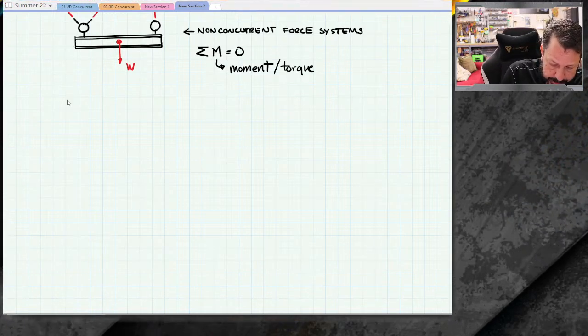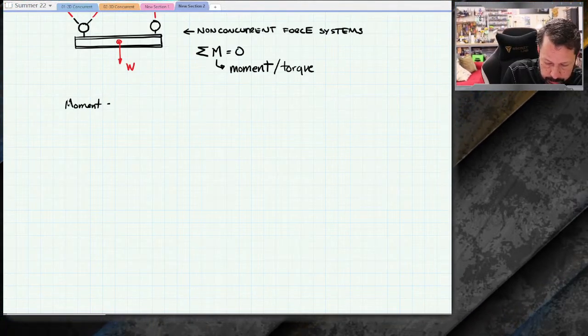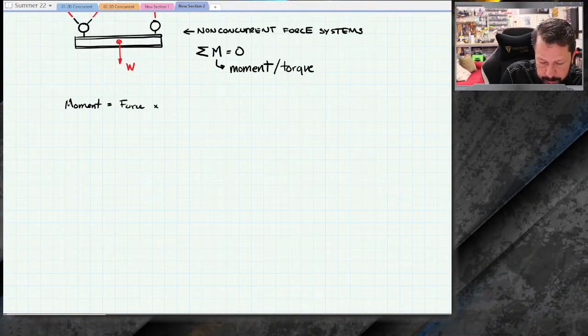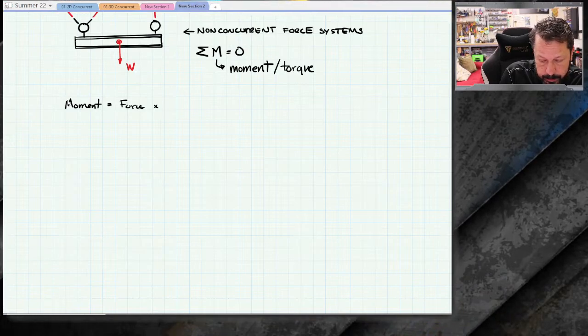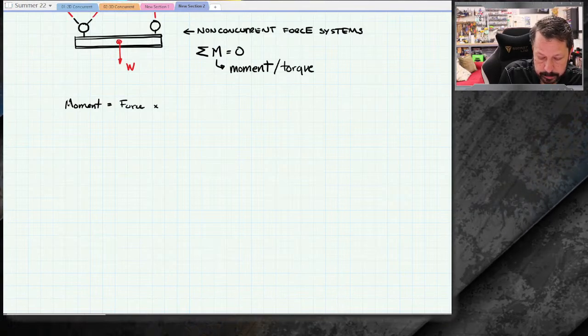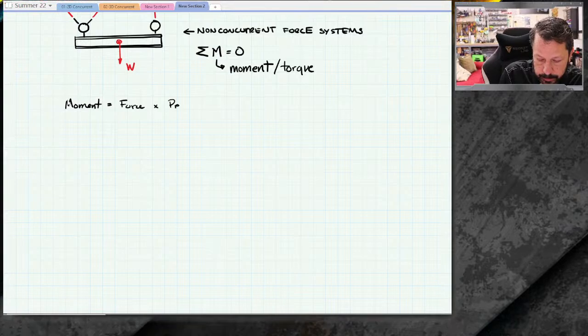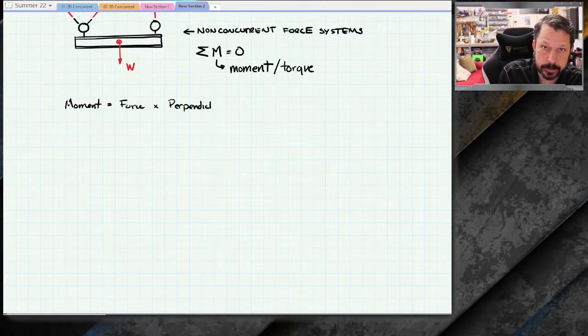So what we're going to say is that a moment is equal to a force times a perpendicular distance. We're going to limit it to perpendicular, so we're not doing the vector things where we could deal with them a little differently. This is a perpendicular distance to the force.